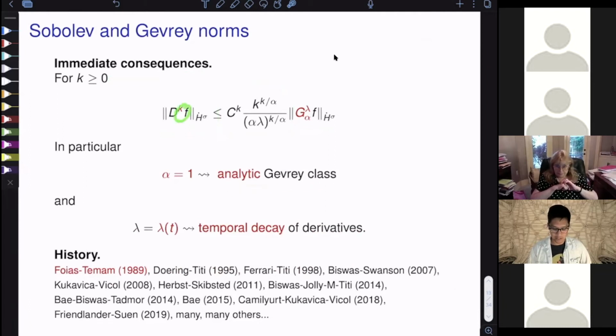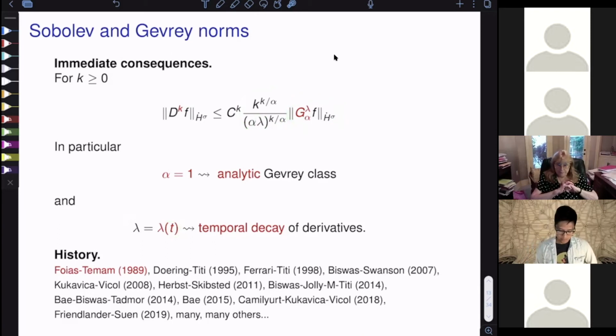For instance, if the function is in L^2 and this norm is bounded, then f is real analytic with radius lambda. And if this radius lambda depends on a positive power of time, then what you essentially get for free is asymptotic decay of all derivatives, provided that the Gevrey norm is bounded for all time.